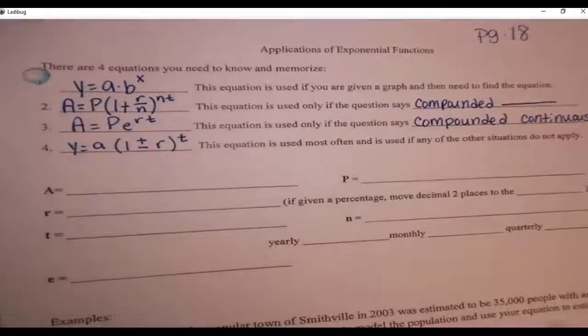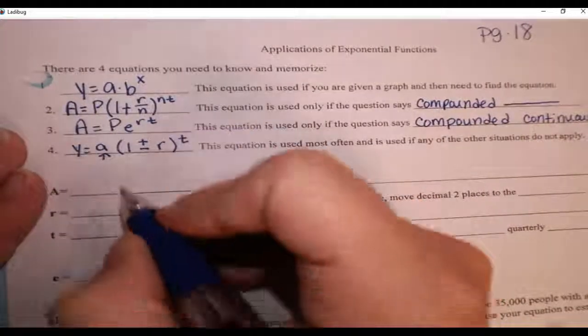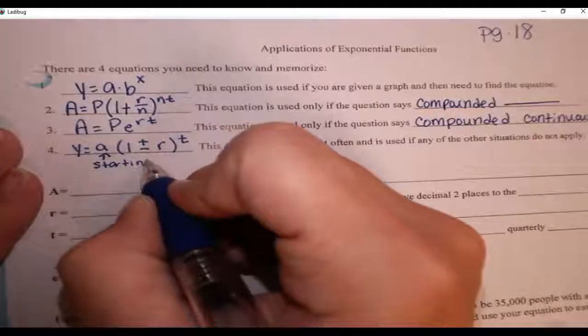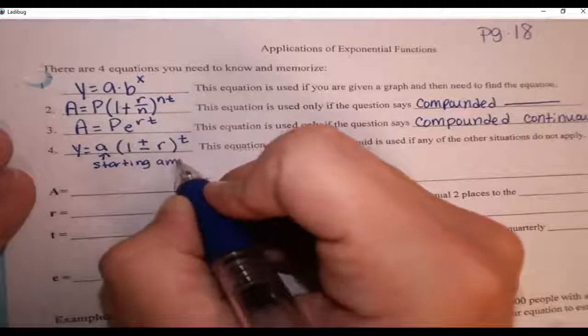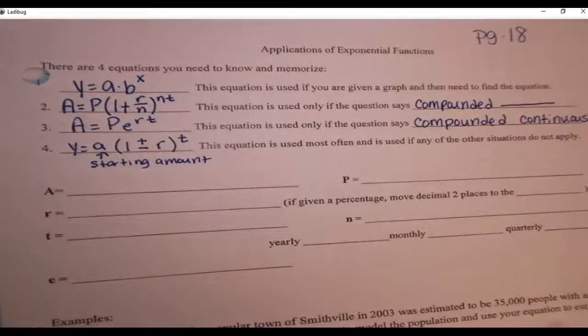So we're going to define the variables. The only one that I don't have down here is this little a. So this little a is just the starting amount of whatever you're talking about. So if you're talking about population, it's your starting population. If you're talking about bacteria, whatever, it's just the starting value. That's little a.